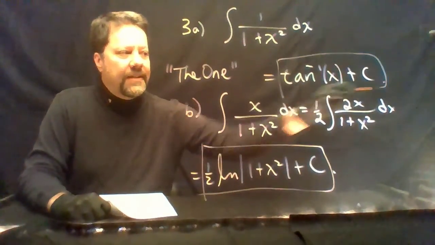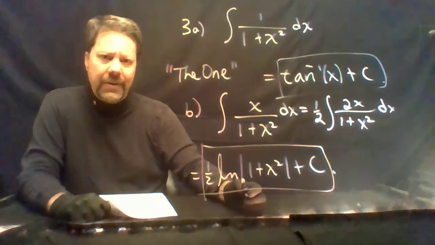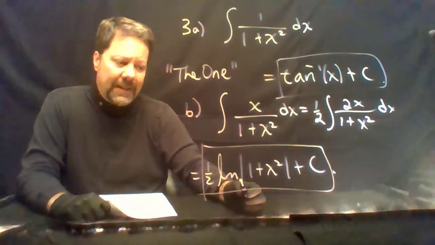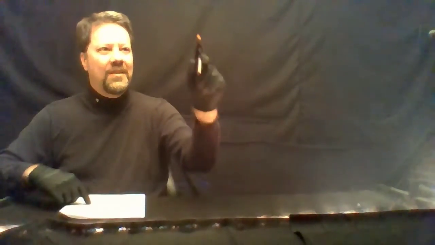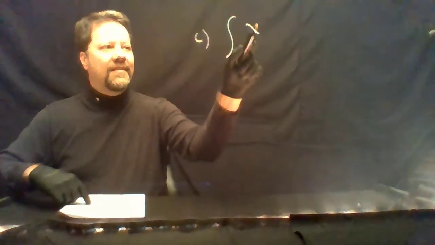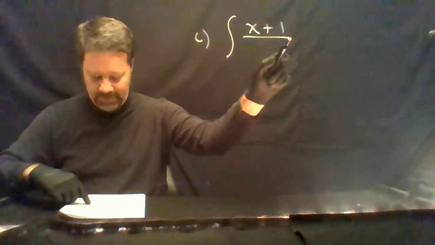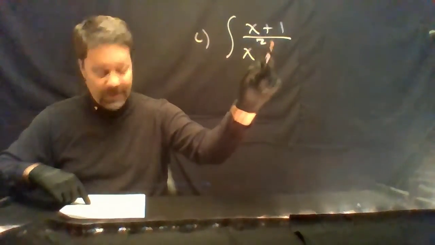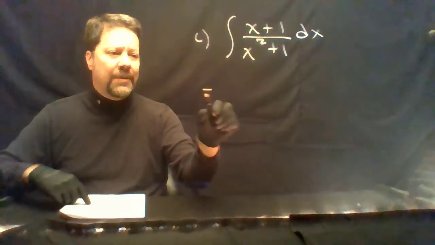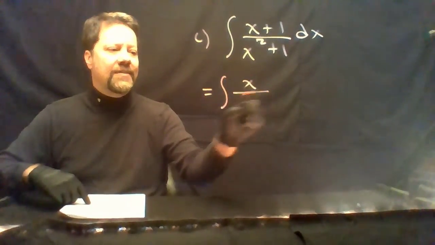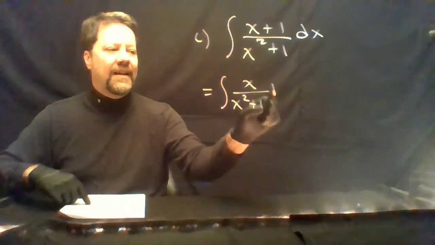In this particular case, the absolute values are superfluous because 1 plus x squared is already positive. Part C is related. We have x plus 1 over x squared plus 1 dx. I want you to be able to see in your mind's eye that you can rewrite this very quickly as two integrals.